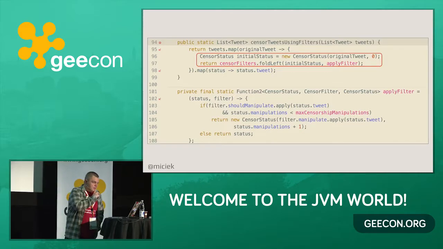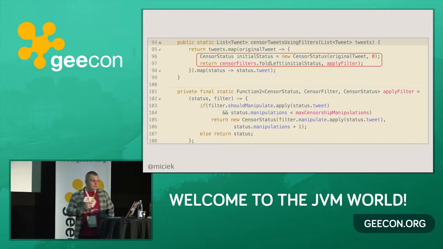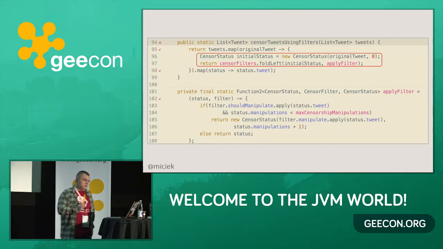So this is how the whole algorithm is implemented, and you can see that the whole if block of code, the big one that I've shown, is now just 2 lines of code. We are creating the initial sensor status with 0 manipulations and the original tweet. And of course, we then fold using the initial status and the apply filter function that we just implemented.